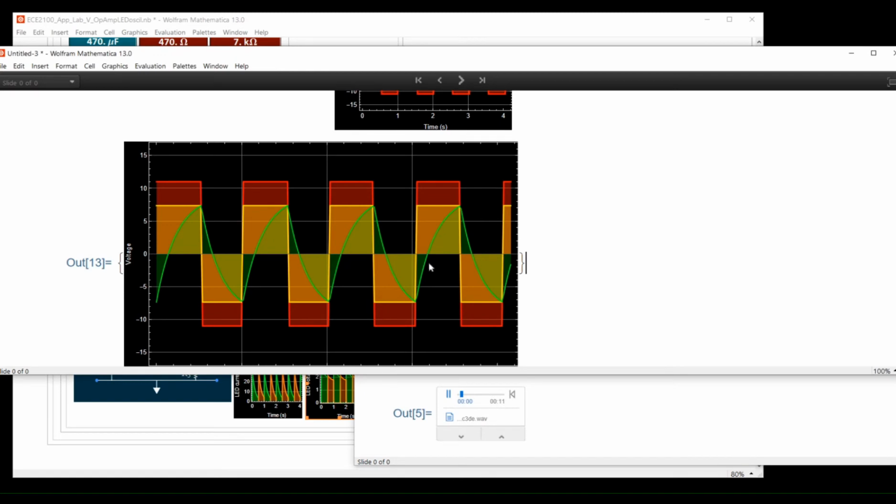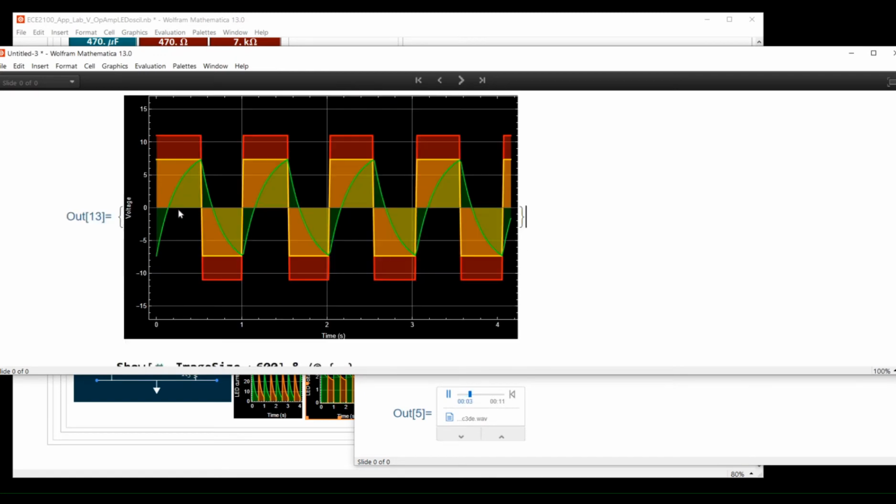This shows the voltages of the 3 op-amp terminals: output node C, red, inverting input node A, green, and non-inverting input node B, yellow.